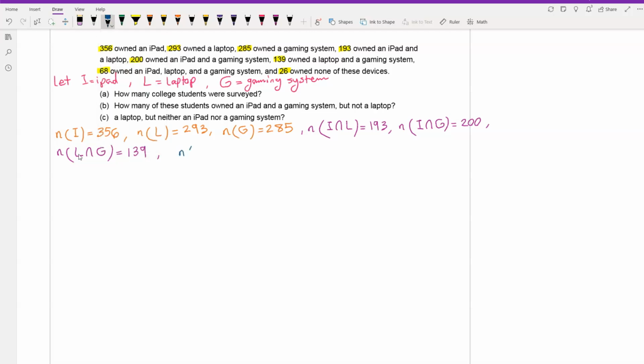Then we have all these three, iPad, laptop, gaming system, we have 68. And none of these, complement of all these three, that is equal to 26.